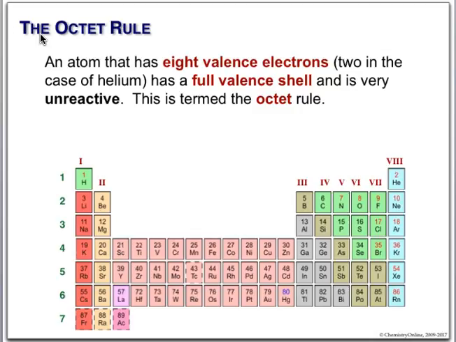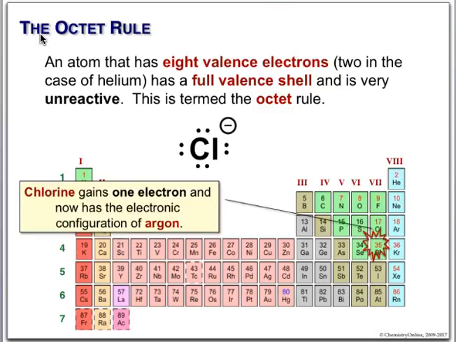They're inert. Chlorine gained 1. When it did, it went from this position here in the table to the configuration of argon. Argon would have 8, group 8.